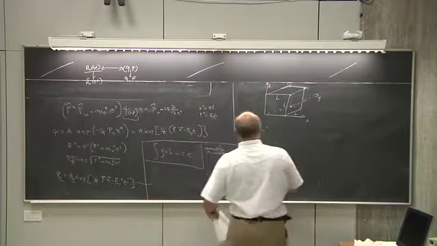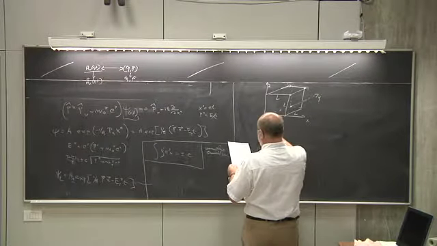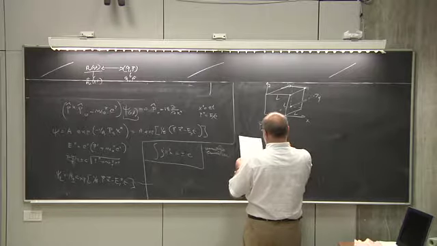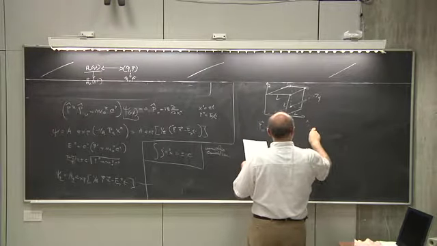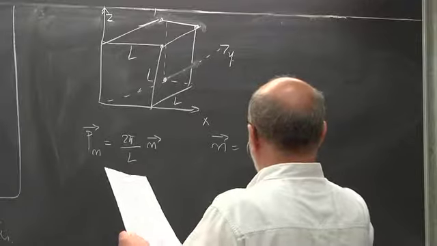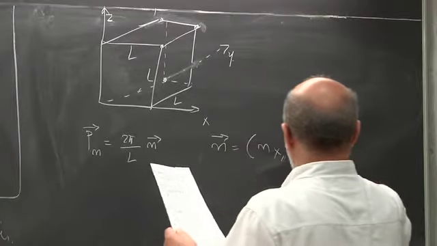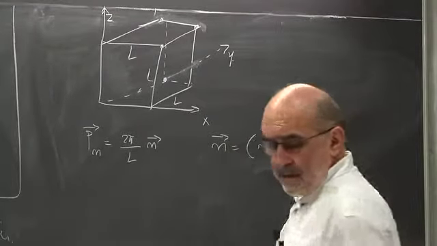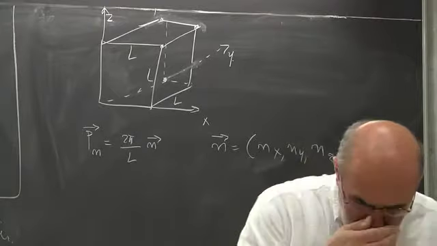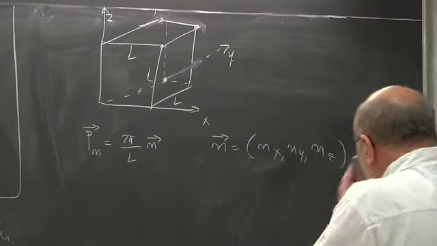And then what you get is that Pn as a vector is 2 pi over L n, where n is a triplet of integer numbers, nx, ny, and nz.